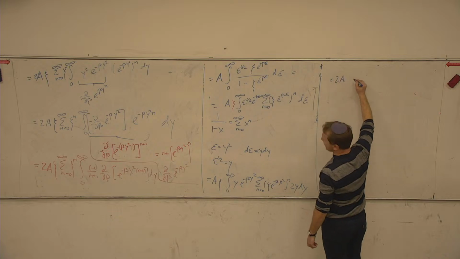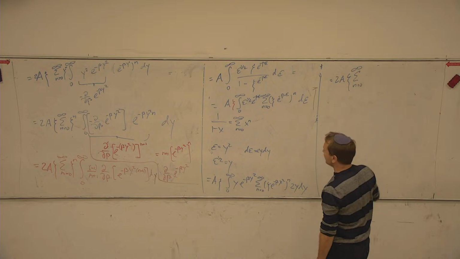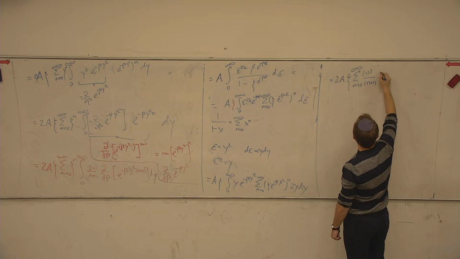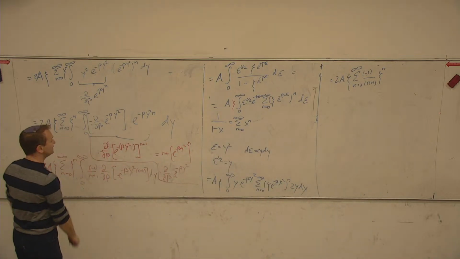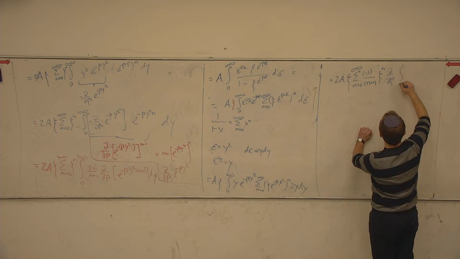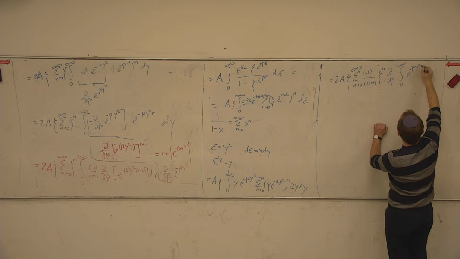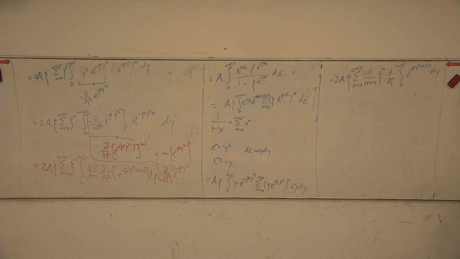So it is 2 times the fugacity, a sum n goes from 0 to infinity of minus 1 divided by n plus 1, fugacity to the power of n, d over d beta of an integral from 0 to infinity of e to the power minus beta y squared to the power n plus 1, dy. All of this was worth it just to get this integral eventually, because we know how to calculate this integral.